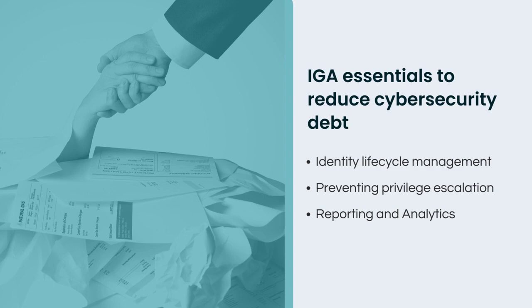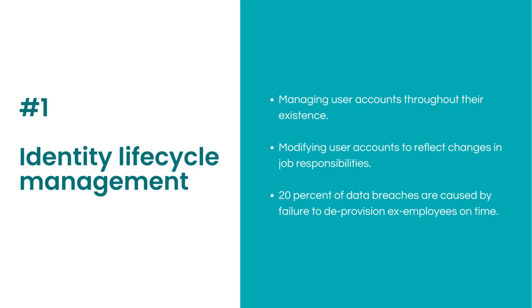The first one being identity lifecycle management, preventing privilege escalation, reporting, and analytics. We'll take a look at each of these IGA essentials in a more detailed manner, and I'll also let you know how ManageEngine's IGA solution ADManager Plus can help you deploy these IGA capabilities.